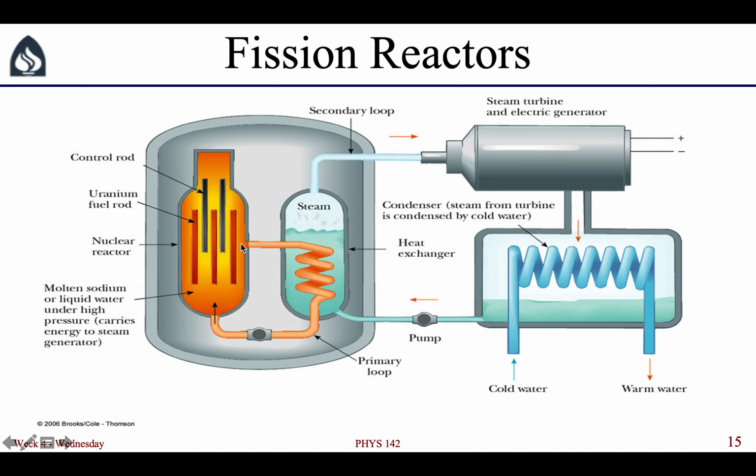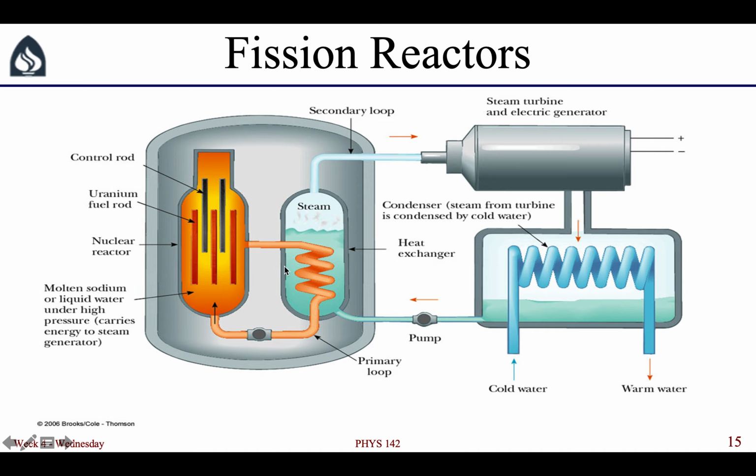Then some of the molten sodium or water under very high pressure is allowed to pass into a secondary chamber where there is water. The heat that is generated, because remember the fission products have a lot of kinetic energy, gets transferred into the liquid that surrounds the fuel rods, and that very hot liquid then is allowed to pass through this chamber containing water.